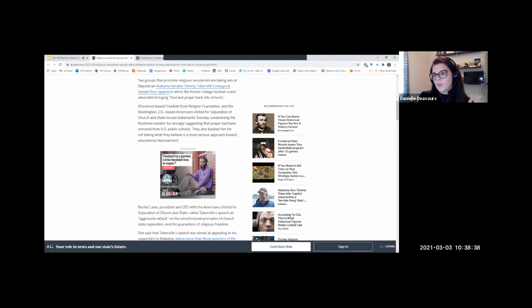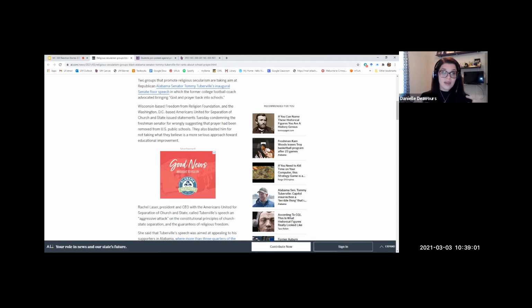Two groups that promote religious secularism are taking aim at Republican Alabama Senator Tommy Tuberville's inaugural Senate floor speech, in which the former college football coach advocated bringing God and prayer back into schools. Would that be anecdotal? An anecdote would be like the example we watched, because you're taking someone's personal story to explain a much larger issue.